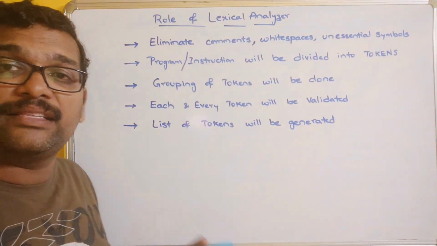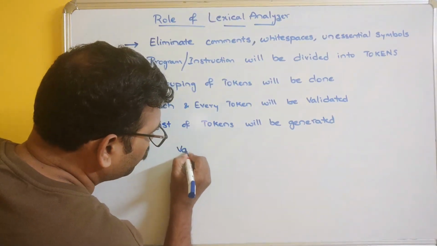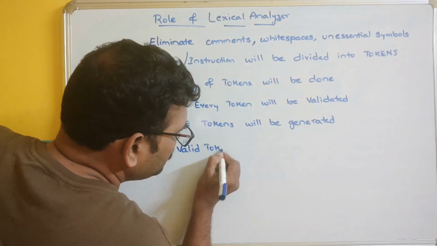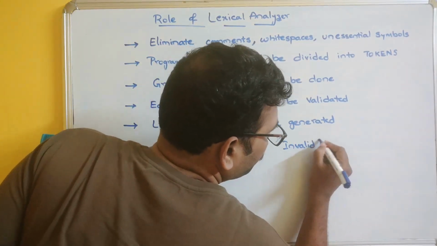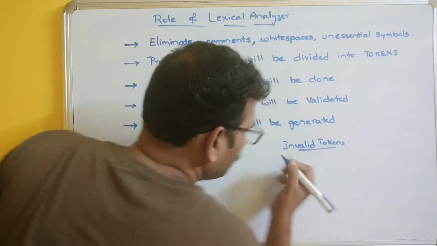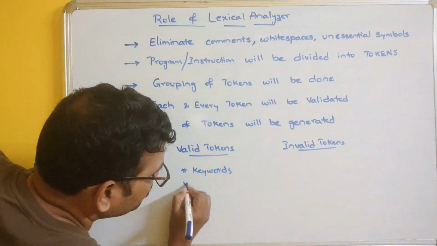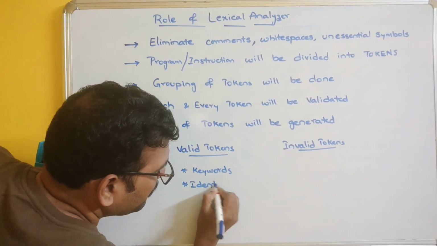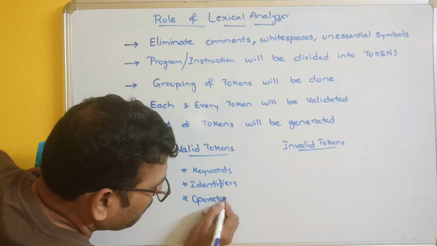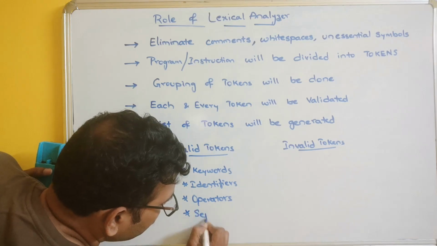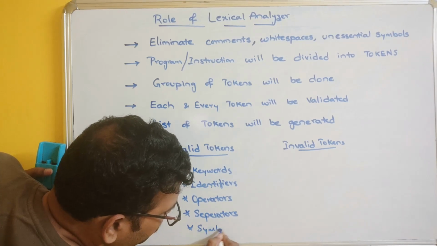And also it will maintain a symbol table. For example, there are some valid tokens and some invalid tokens in a program. The valid tokens are the keywords, identifiers, operators, separators, and some special symbols.